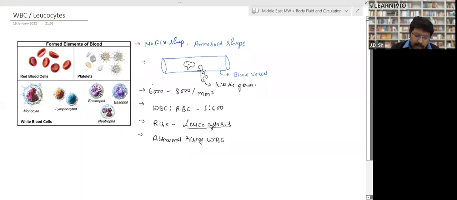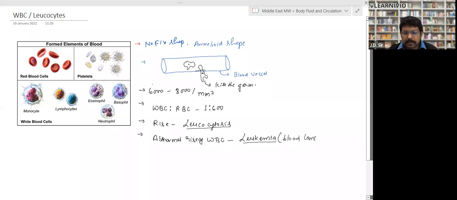Note it down. Abnormal rise in WBC leads to leukemia. Leukemia is blood cancer.